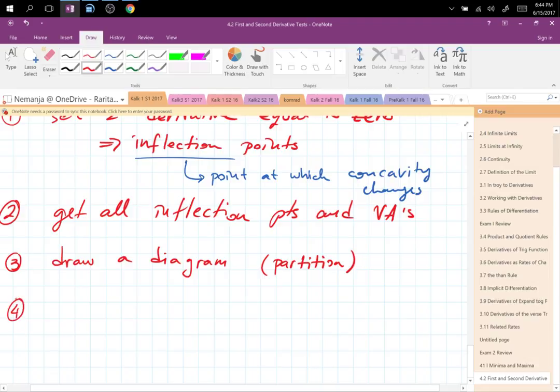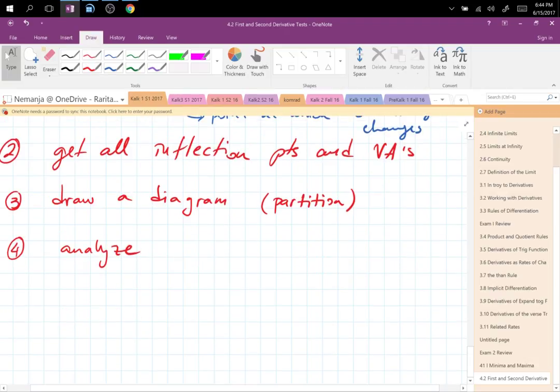And then number 4, finally, is analyze. Now, what is the second derivative test? How does it work? You take the second derivative, set it equal to 0, and find the values which you plug back into the second derivative. So, here's the test.